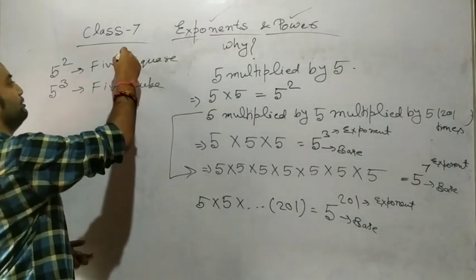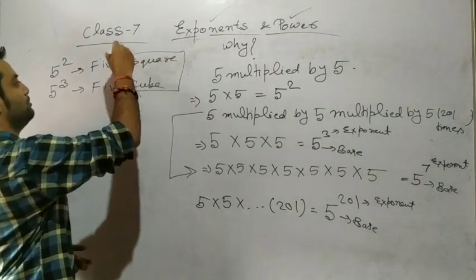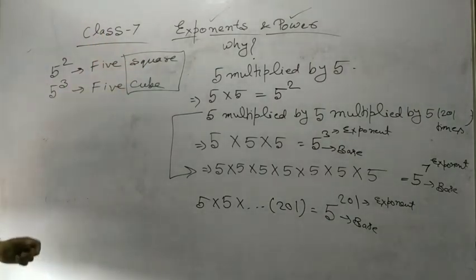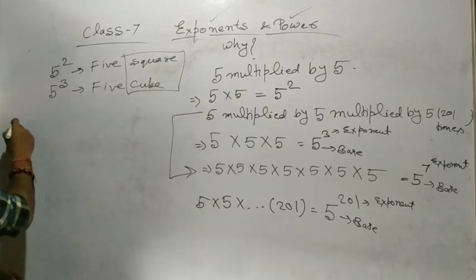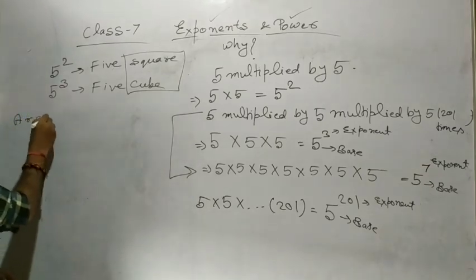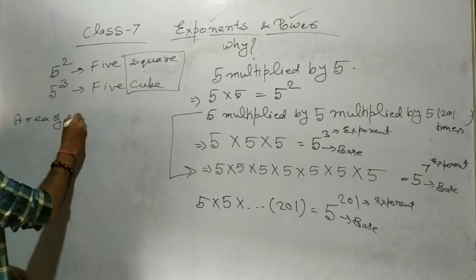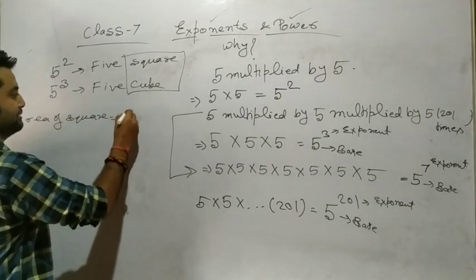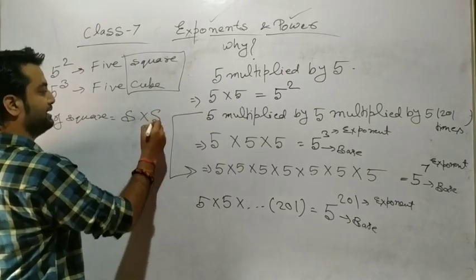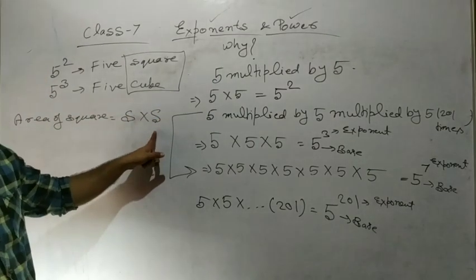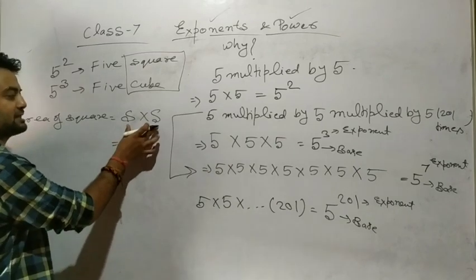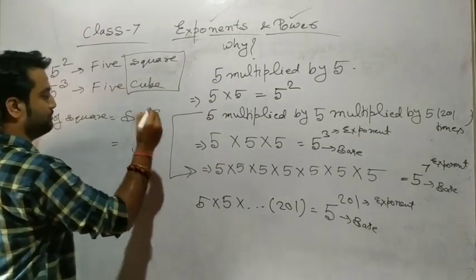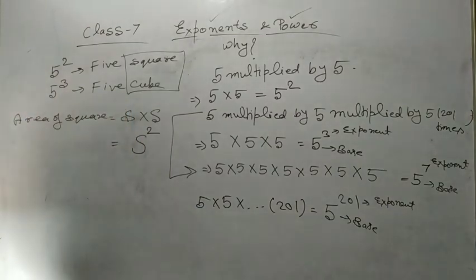Now let's have a look at why power 2 and power 3 are known as square and cube. For this, have a look at the formula for the area of a square. It is side into side. If we write it in exponential notation, it is side raised to the power 2.